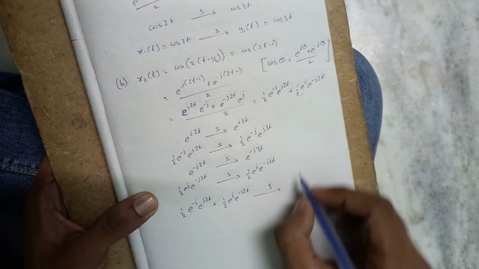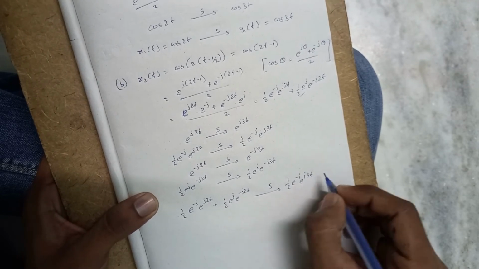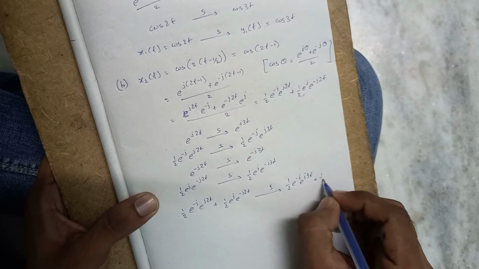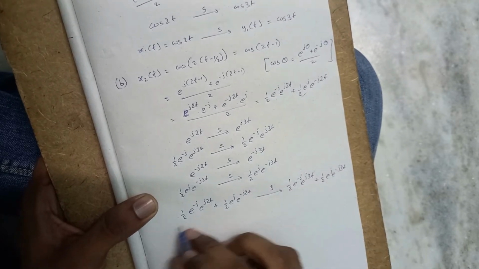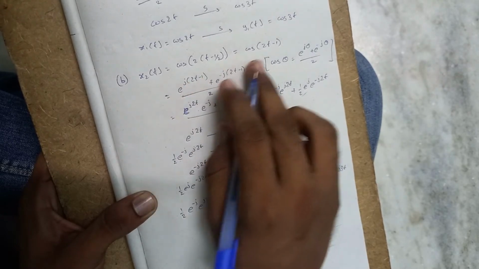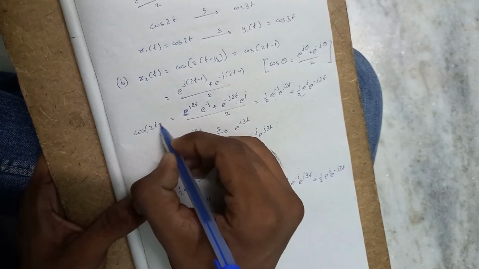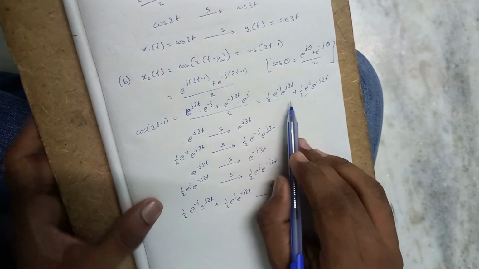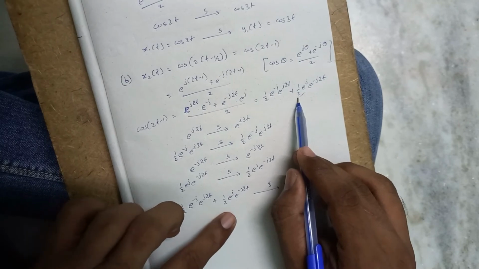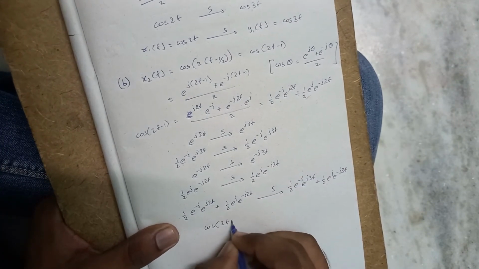So we will get the output as 1 by 2 e power minus j e power j3t plus 1 by 2 e power j e power minus j3t. We have written cos of 2t minus 1 as 1 by 2 e power minus j e power j2t plus 1 by 2 e power j into e power minus j2t.